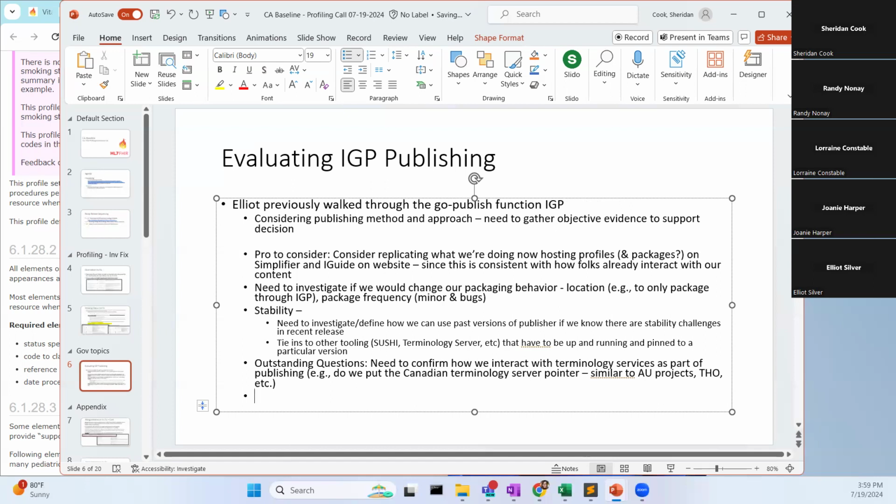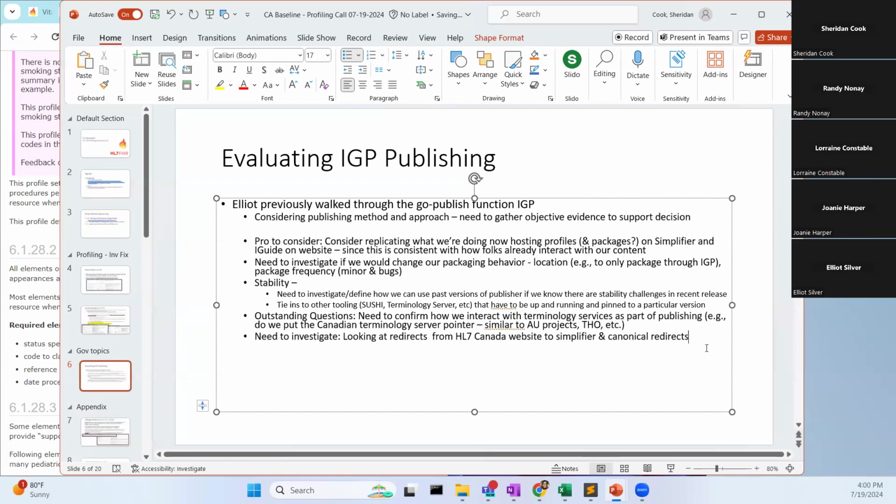I think looking at redirects, both from the HL7 Canada website to Simplifier and things like canonical redirects would be something we want to evaluate. The visibility of previous versions would be something we'd want to look at.